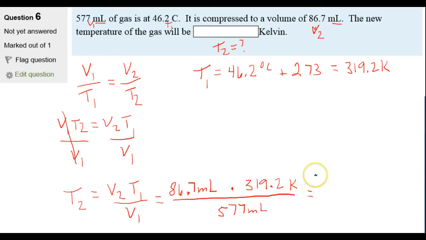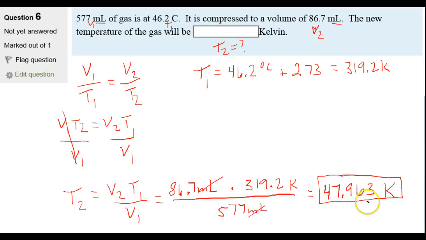So let's find out what this answer is going to be. We'll take 86.7 times 319.2, and then we're going to divide that by 577, and we'll end up with 47.963. What? Well, milliliters will cancel out, leaving you with Kelvin.